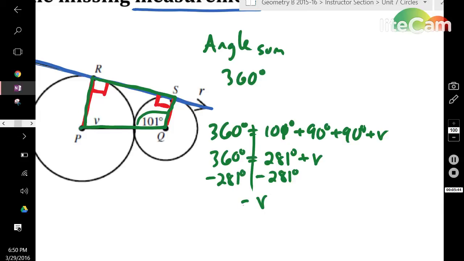V is going to be equal to 79 degrees. So we use the fact that the radii and the tangent lines are perpendicular, and we used quadrilateral angle sum to find the missing angle.